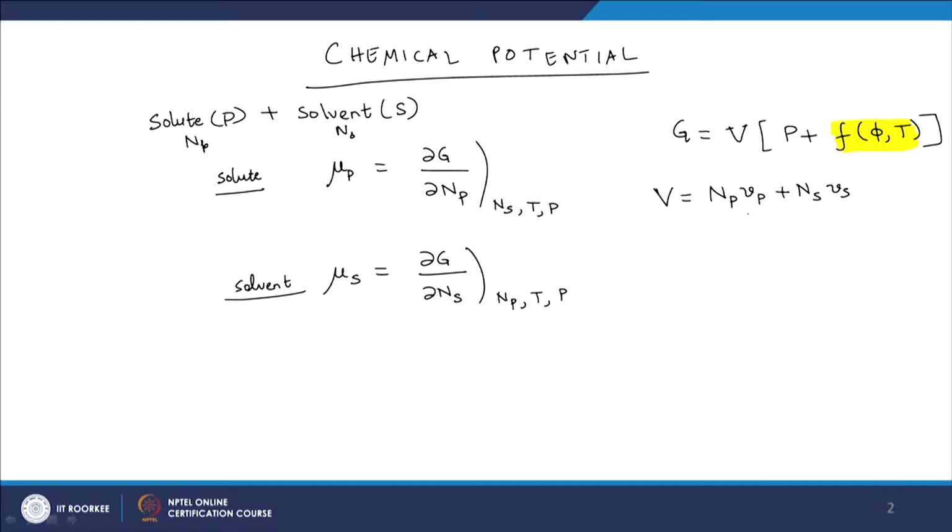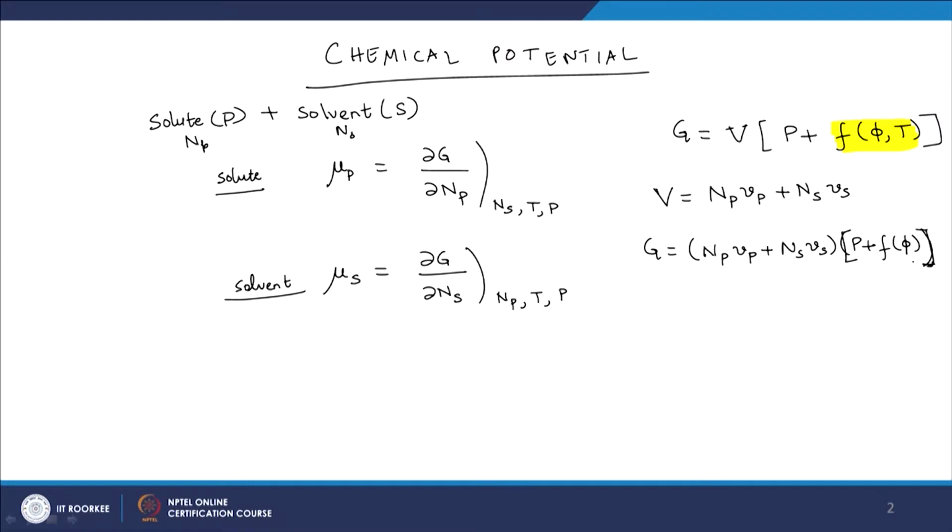So if I plug in this value of V in G, what we get is the following. Again, for simplicity I am working with a constant T, but the idea is very general, it will apply even to a variable temperature.